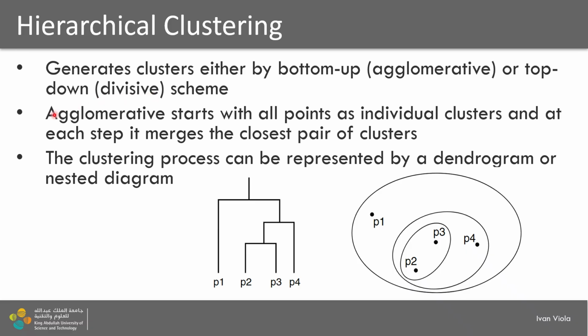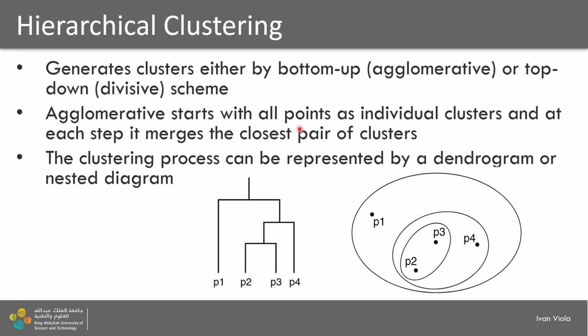The agglomerative clustering starts with all points serving as individual clusters, and at each step it merges the pair of clusters which are the closest ones. For the first step, this is kind of obvious. We will find the two points which are closest to each other, and we will merge them into a cluster.